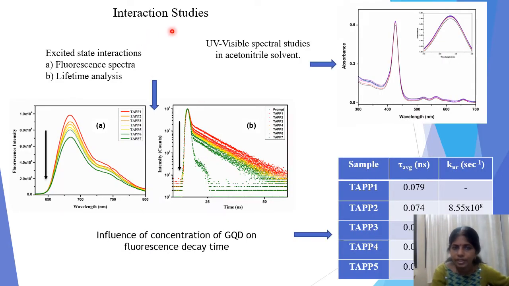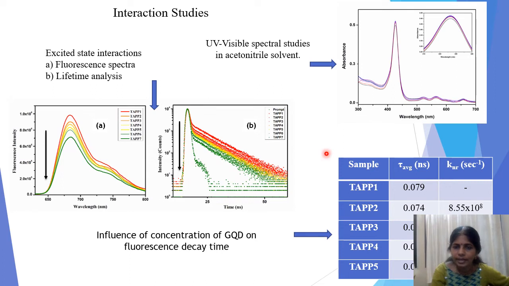And the interaction studies have been carried out by means of UV spectral and fluorescence spectral analysis, and also the lifetime decay analysis, by varying the concentration of GQD into a constant concentration of porphyrin.